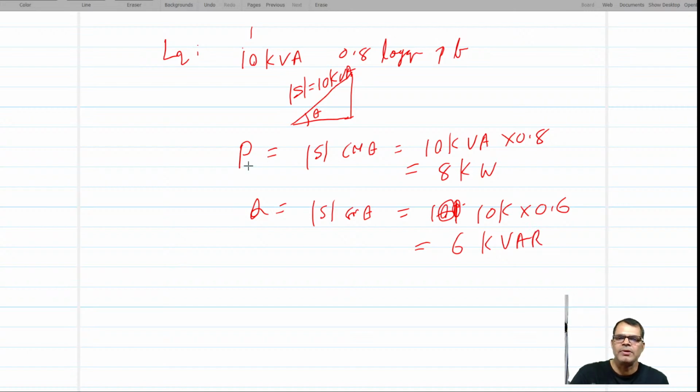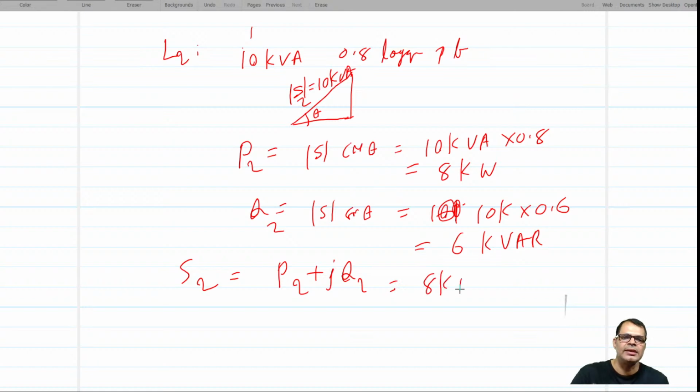So complex power S2 will be P2, it is lagging as I told you, plus jQ2, that is 8 kW, or you can say 8 plus j 6 kVA.